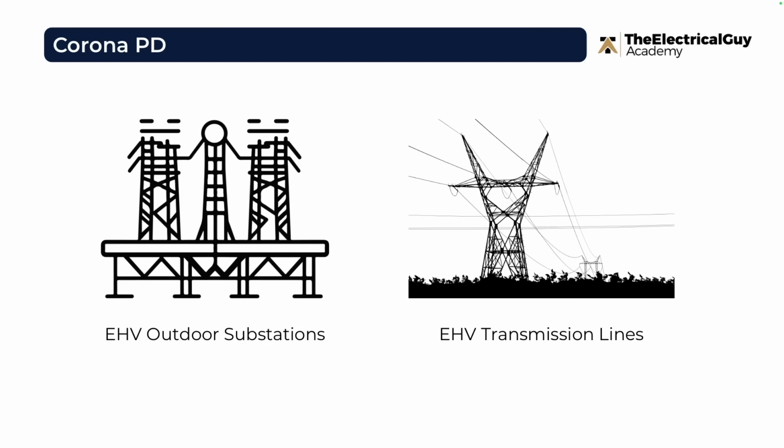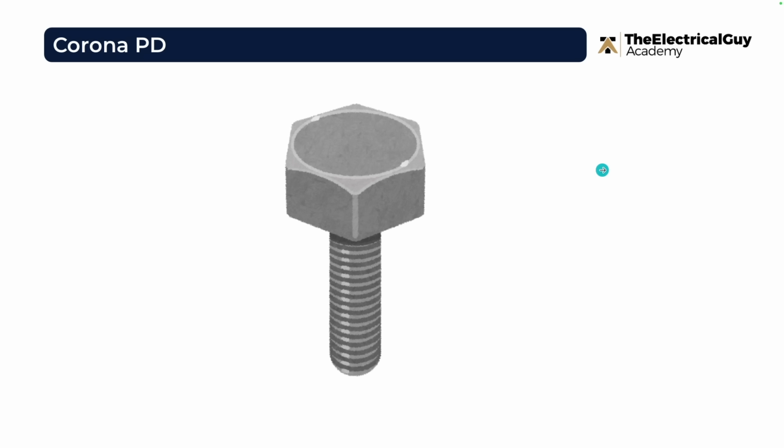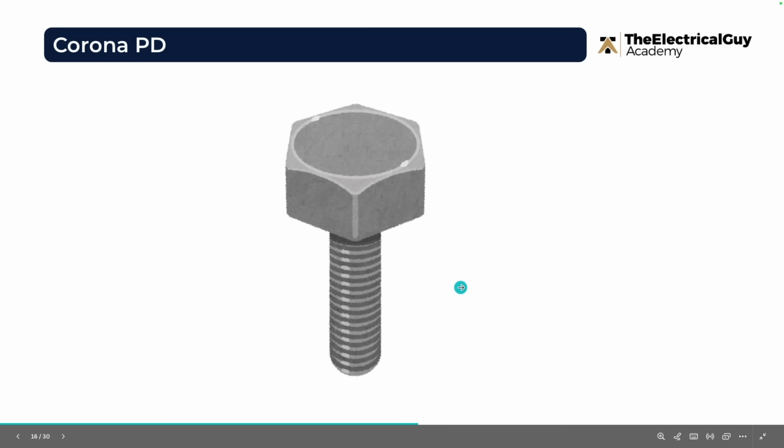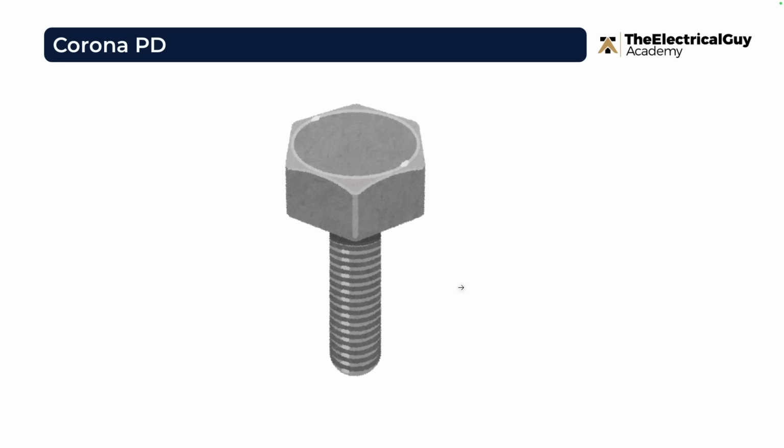Now, why does this Corona partial discharge occur? Let's take one simple example of a bolt. When you apply the voltage to this, an electrical field will be developed around this bolt. The field intensity is higher near the surface, like at the bottom of the bolt, and even higher at the sharp edges. At lower voltages, this is not a problem. You won't notice anything.